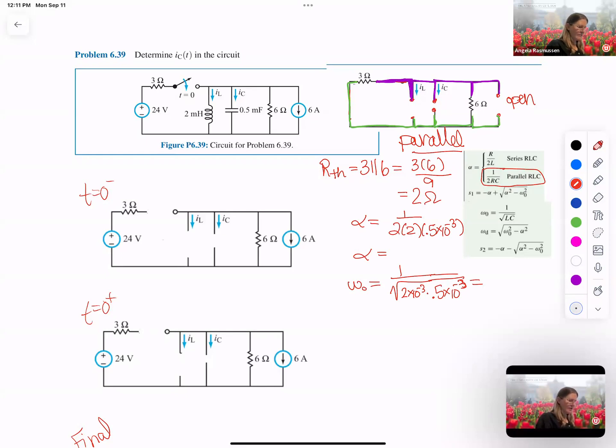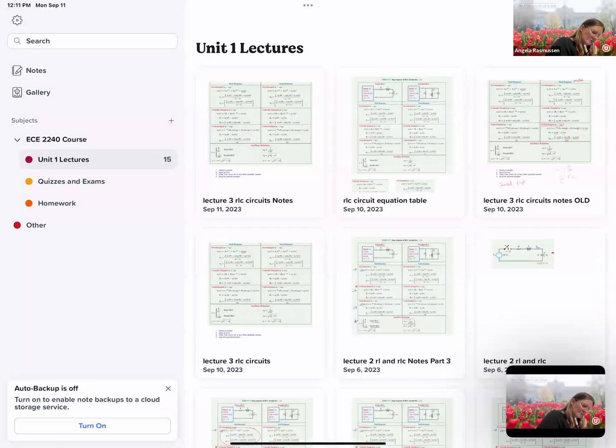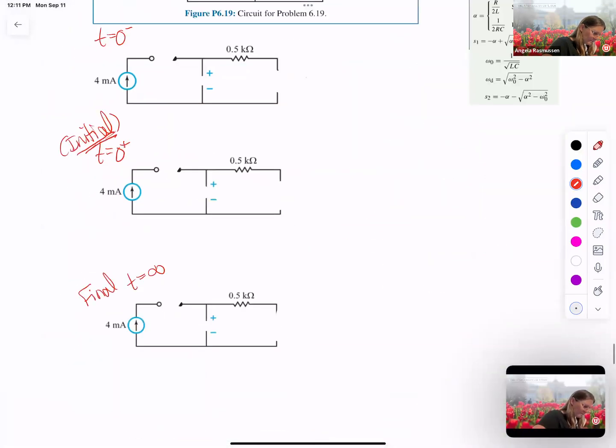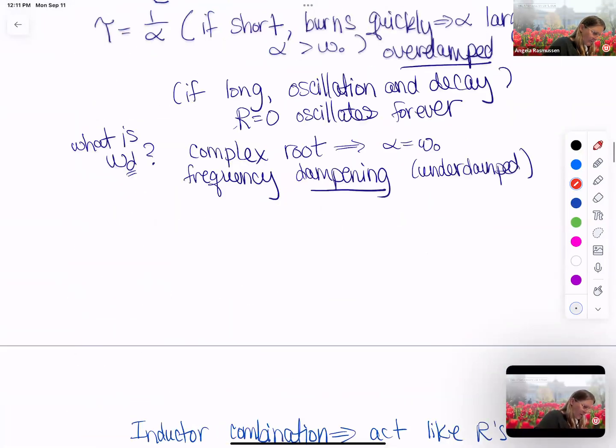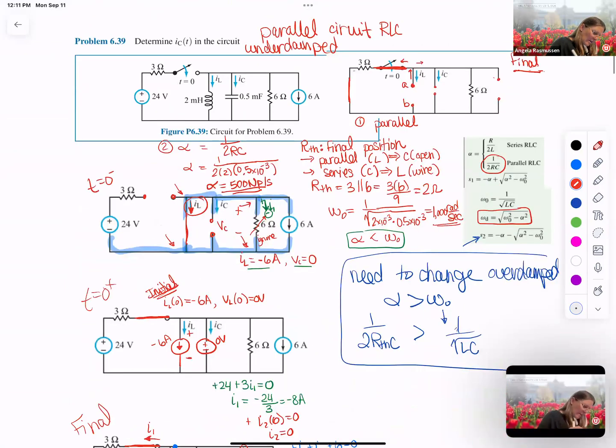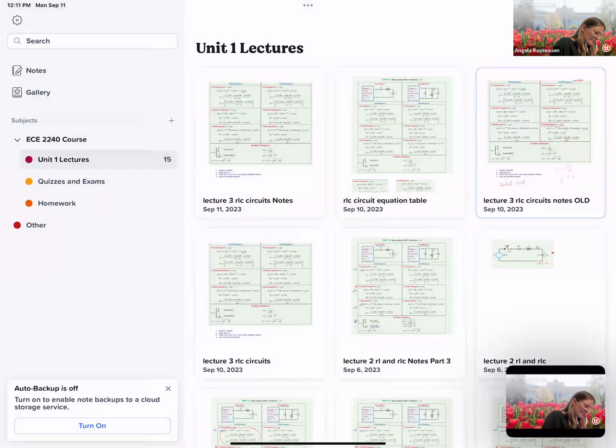Let me find the... All right, so alpha ends up being 500 nepers per second and omega naught is 1,000 radians per second.